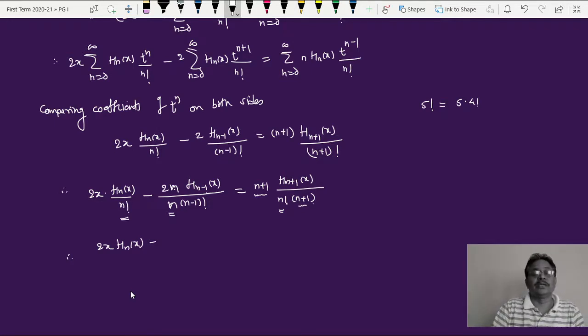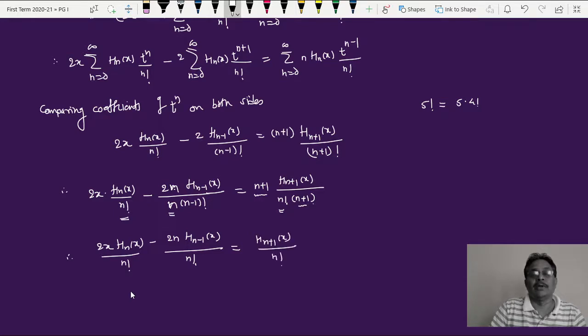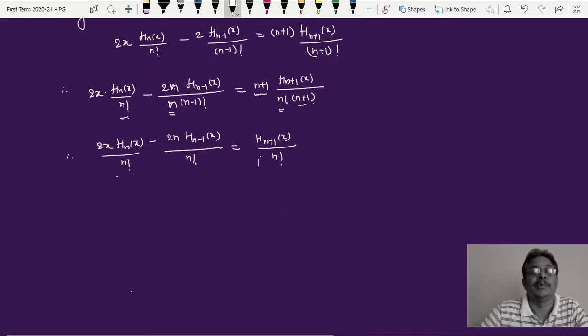Let me write this once again: divided by n factorial, minus twice n into h_{n-1} of x. This is n factorial into n minus 1, sorry, n into n minus 1 factorial is simply n factorial again. 5 into 4 factorial is 5 factorial, like this, is equal to this, and this gets cancelled, and I'll get h_{n+1} of x divided by n factorial. So in all these three terms there appears n factorial.